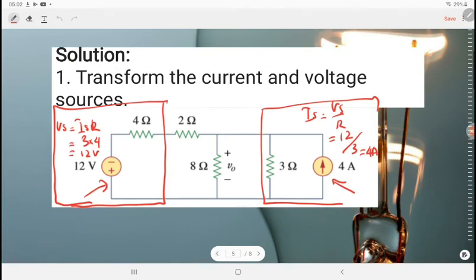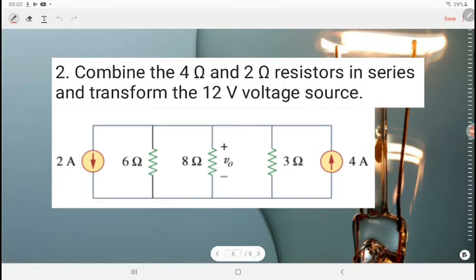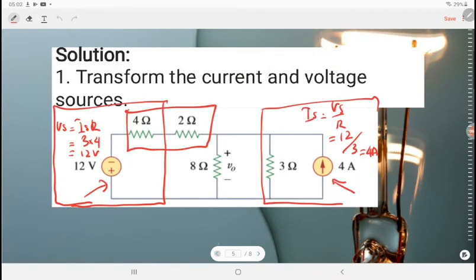Here, we can simplify the circuit by combining the 4 ohm resistor with 2 ohms. Therefore, the resistor value becomes 6 ohms, in series with the 12 volt voltage source.